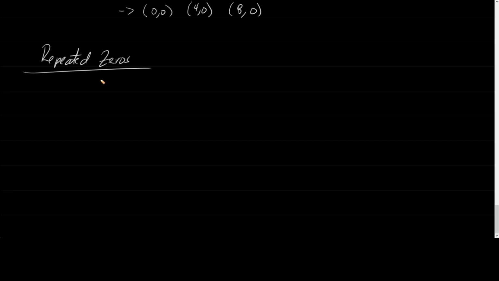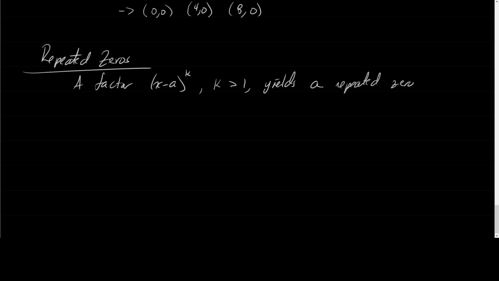So a factor (x minus a) to the k, where k is greater than 1, yields a repeated zero x equals a of multiplicity k, right?